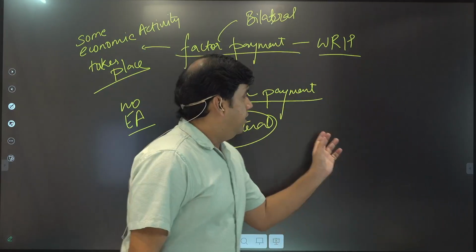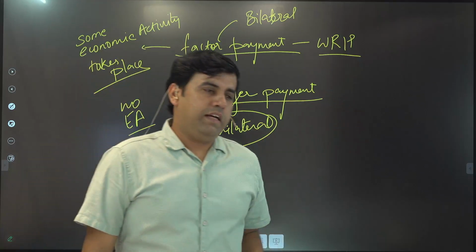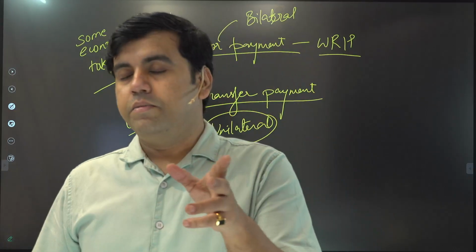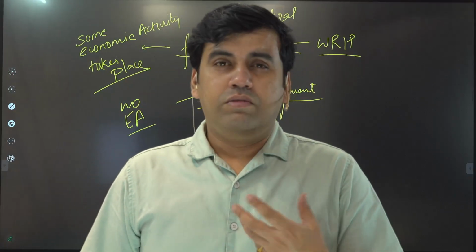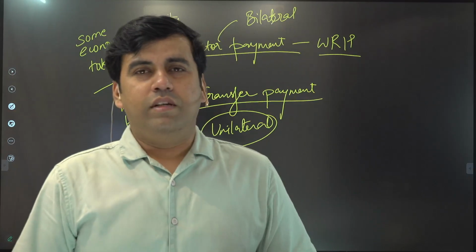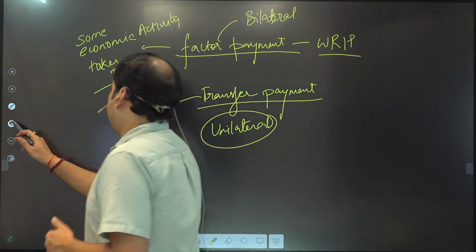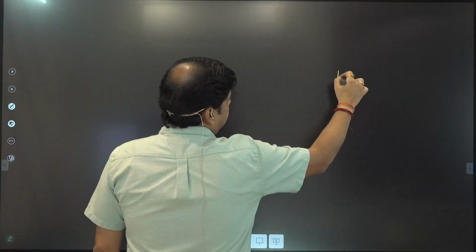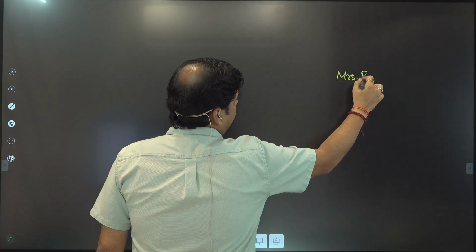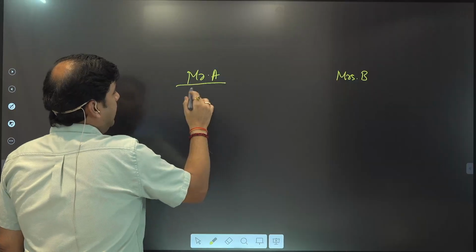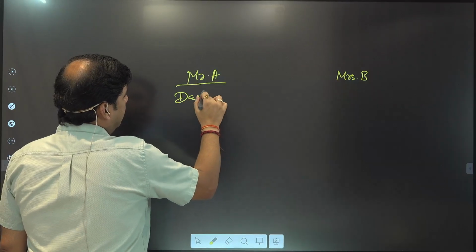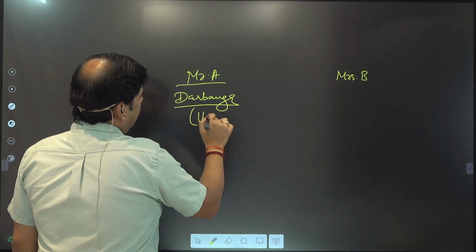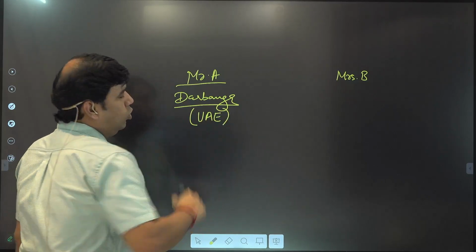Secondly, the examples of transfer payments: in the previous class, I gave you examples like pensions, scholarships, remittances, all those things. So the cycle is like this. If there is Mr. A over here and Mrs. B over here, husband and wife, Mr. A is from Darbhanga, living in UAE, Dubai.